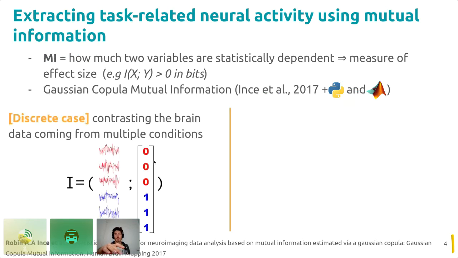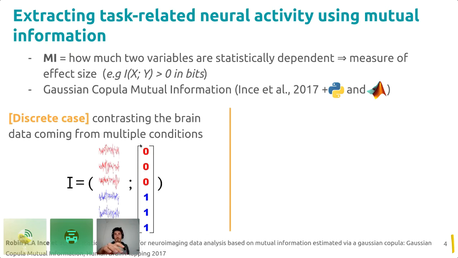The first type of analysis that you can do is what we call a discrete case. It means trying to contrast the brain activity that comes from two or multiple conditions. So for example, you compute the mutual information between your brain activity coming from two conditions, like condition A and condition B. In a way, this is really similar to what you can do with machine learning, for example.